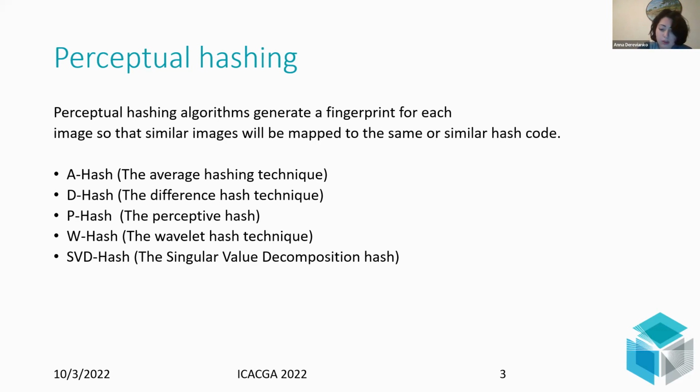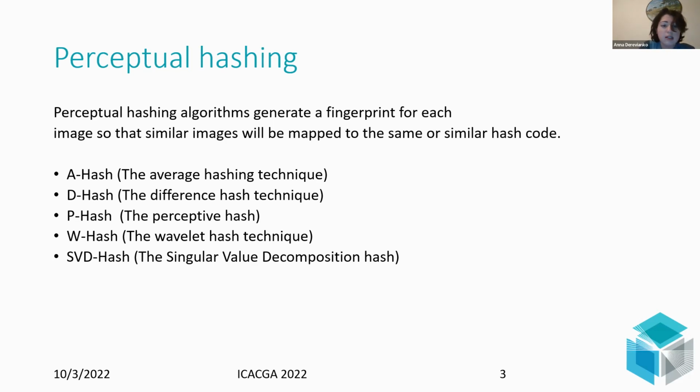Both of them focus on the image structure, which is achieved by eliminating higher frequencies. But the main difference is that in the d-hash technique, we also consider the change of color gradient between adjacent pixels in the image matrix.